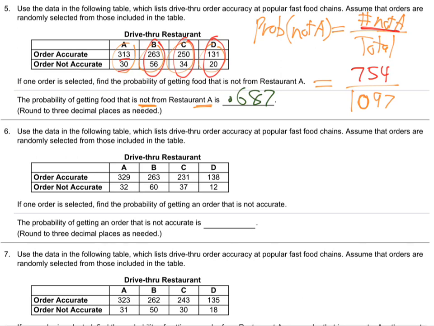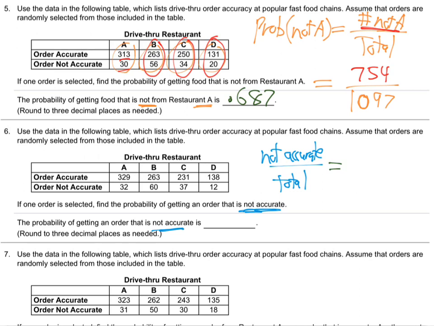Questions on that? It says, not accurate. So number 6, we're using this table, and we're saying not accurate. All right, so we have to have the total on the bottom, and not accurate is what they're asking us to find. So that'll be on the top.